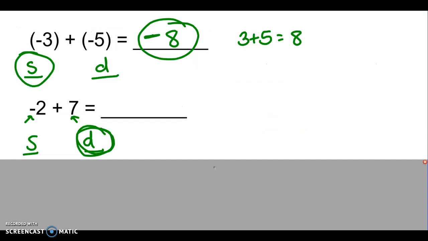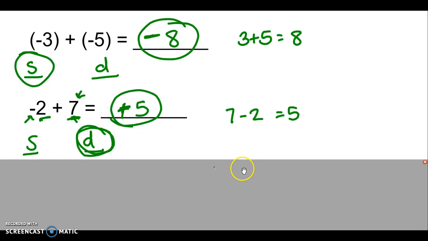So let's start with the sign. You should be asking yourself, is 7 bigger or is 2 bigger? Well, the 7 is the bigger number, so my answer is going to be positive since the 7 is positive. Step 2 then says subtract the numbers, so ignore your signs, and now we're doing 7 minus 2. Since 7 is the bigger number, it should come first, and that gets me 5. So my answer to -2 plus 7 is a positive 5.